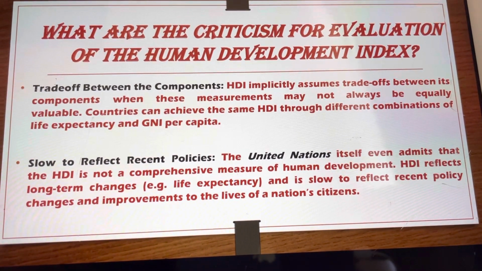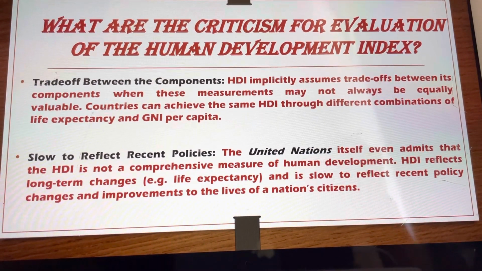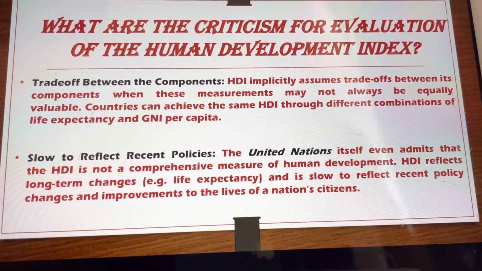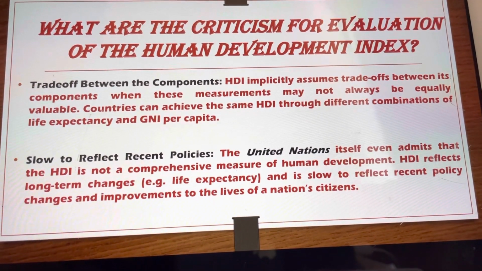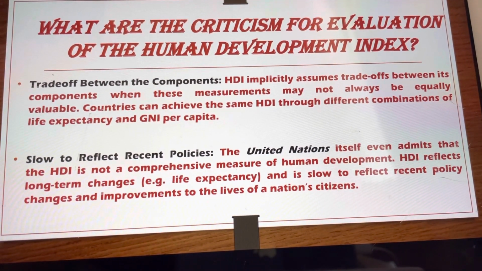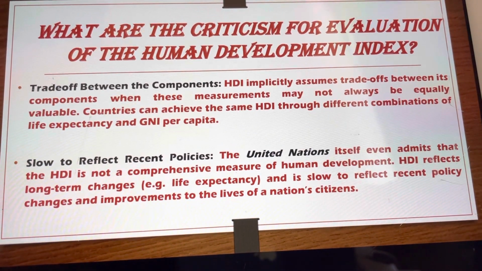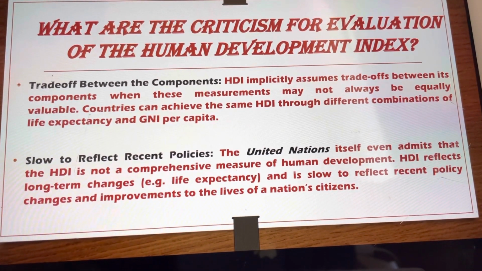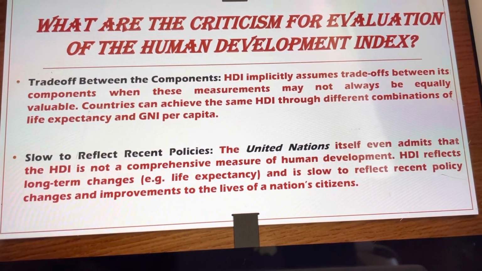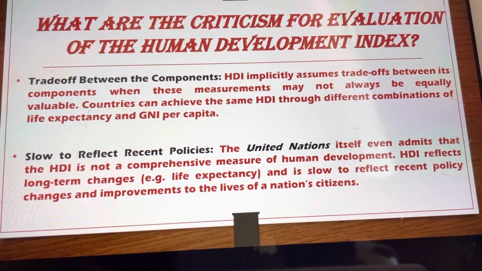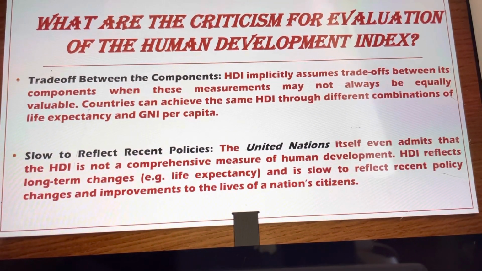So the first criticism is on the basis of the 3 indicators which were given: life expectancy, educational level, and per capita income. It was criticized on the basis of that. On the other indicators which are available in the country, HDI can be calculated through combinations of life expectancy and GNI per capita.